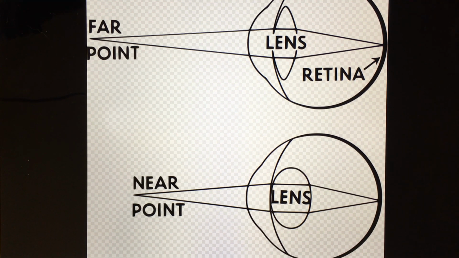As we get older, we slowly lose the ability to focus on nearby objects. The onset of that happens at about 50 years of age, because the lens loses its flexibility, and people become unable to focus on close objects as well. So you have to hold something a little bit further away from your eyes to focus on it.